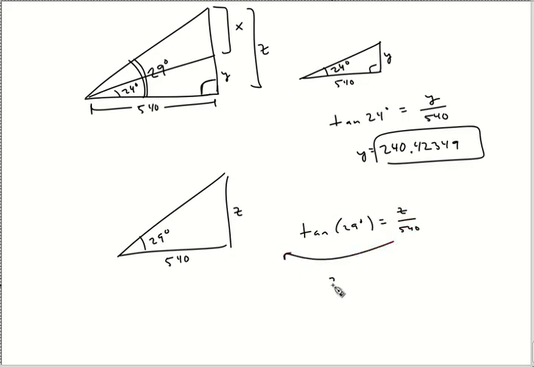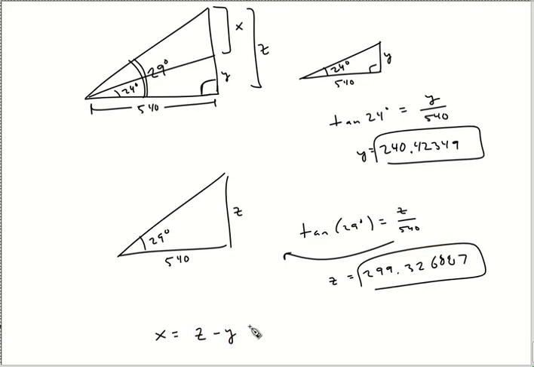Move it over. I got a z of 299.3268887. So now my x is going to be z minus y. And I just subtract these two, and I got a 58.903397, round to whatever they say.